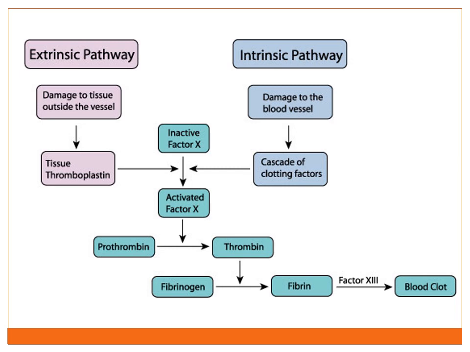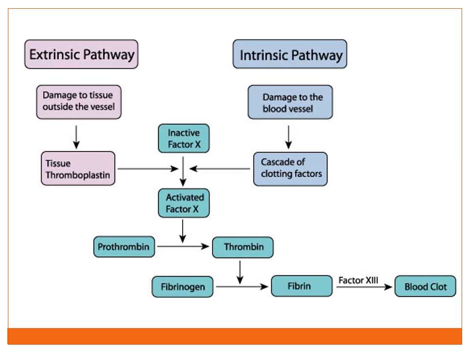The intrinsic pathway is initiated when there's damage to the blood vessel, and so it's not necessary to have damage to the tissue, but the blood vessel is damaged, and the exposed collagen fibers that are in the wall of the damaged blood vessel, when they come in contact with inactive factor 12, initiate this cascade of clotting factors that ultimately will result in the blood clot.